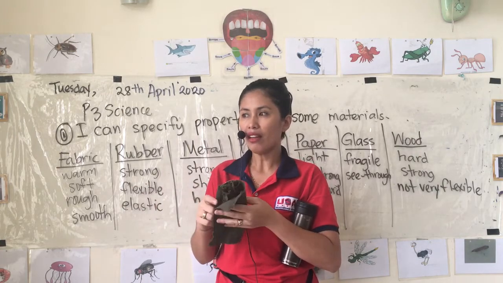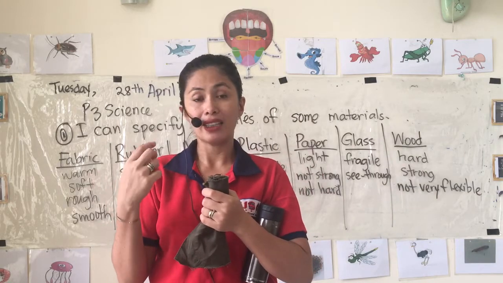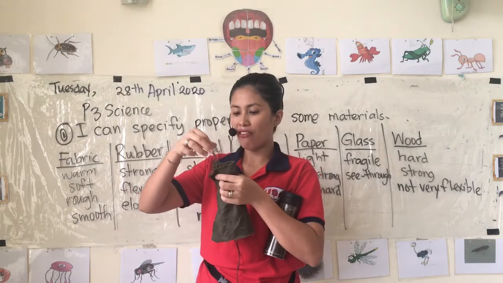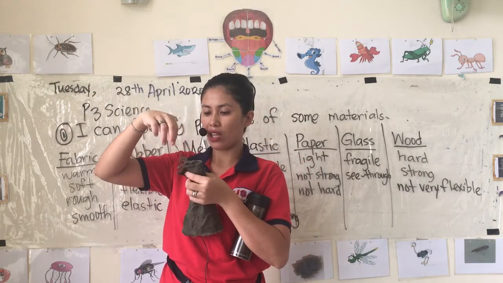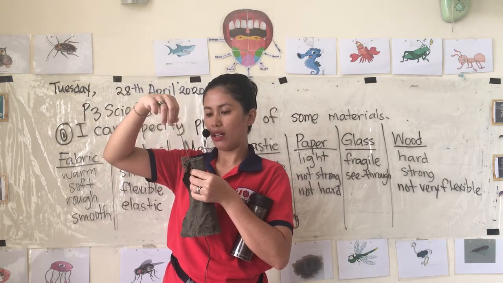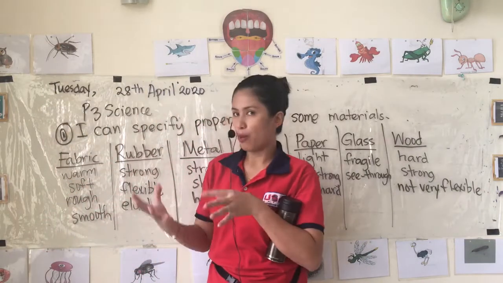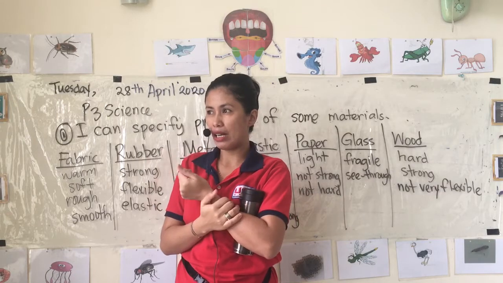So fabric can be wool. It could be cotton, or cotton wool, like that. So when we say fiber, fibers are small threads like this, and we use them to make fabric, like that. Okay, so we know that some fabric or clothes are warm, especially jackets.